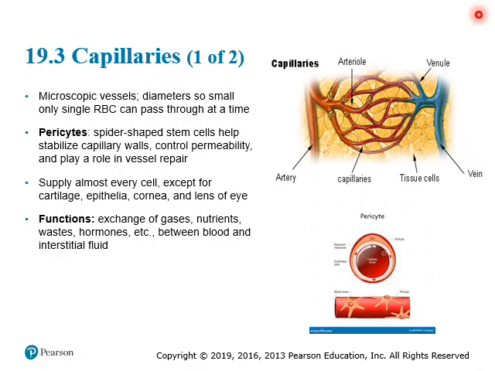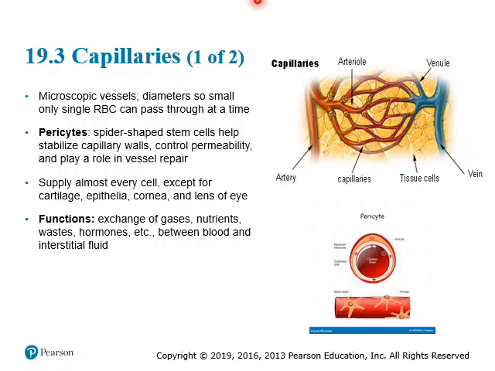There's also a specialized cell called the pericyte, and here you could see the pericytes in this particular capillary. The pericytes are spider-shaped stem cells that help stabilize capillary walls. They control permeability and play a role in vascular repair.